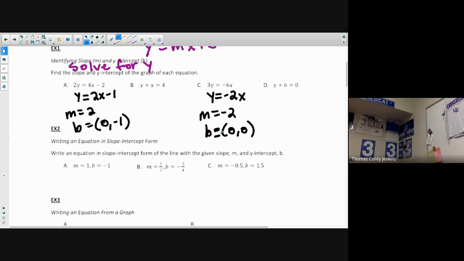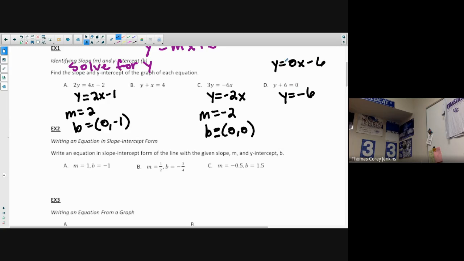Then on the last one, again, what do we need to do to have y by itself? We need to move +6 over there, or get rid of +6. You can think of that either way. When we subtract 6 from both sides, we get y equals 0 minus 6, and that would be -6. So in this case, what's the slope? Well, we don't see an x term, right? So that could also be written as y equals 0x minus 6.